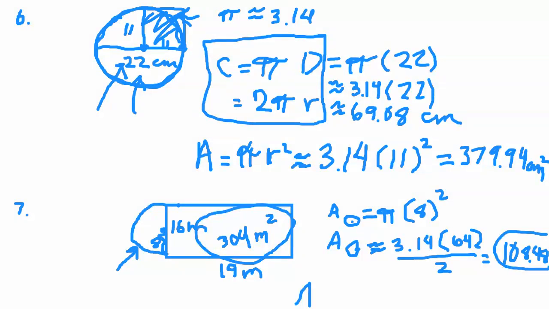So the area of the whole thing is going to be 304 plus 100.48, giving us 404.48. Should have been 100. There's something.